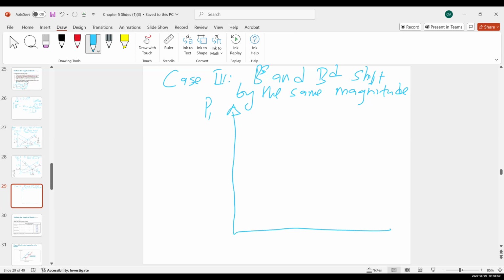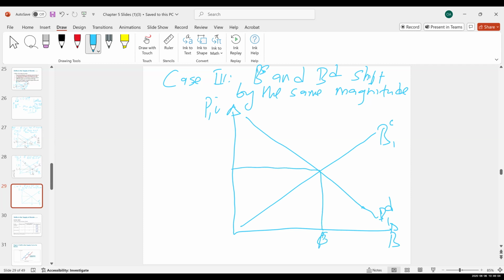I put price here, I put interest rate, I put quantity of the bonds here. So this is my initial bond supply curve, initial bond demand curve, initial equilibrium quantity B1, P1, I1. We know the bond demand curve shifts to the left when there's an increase in expected inflation, like that.